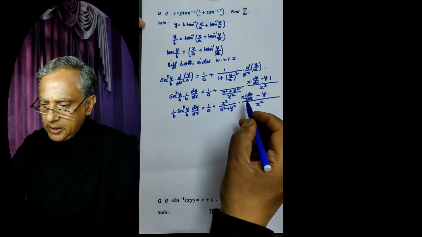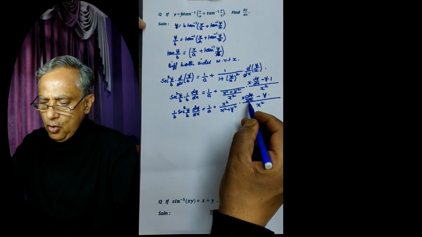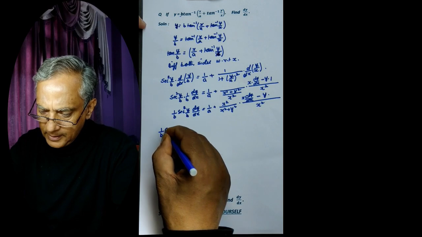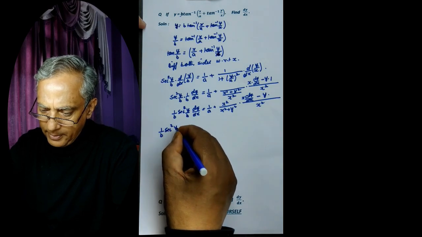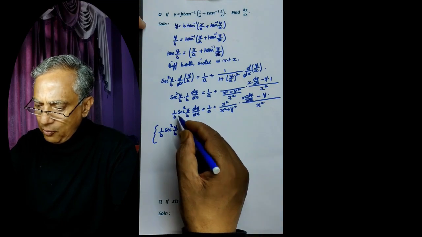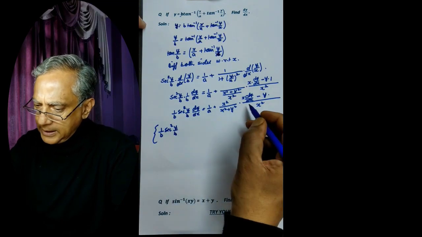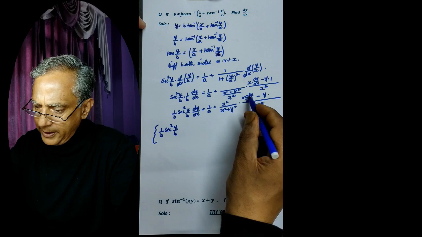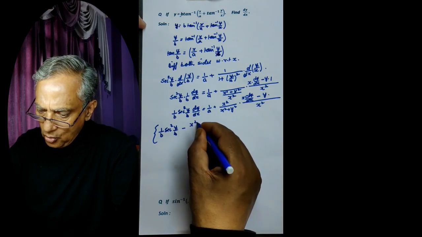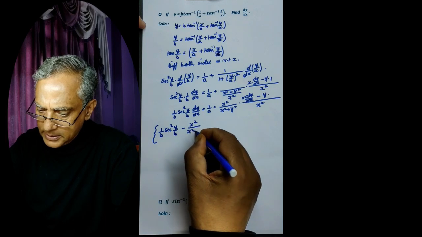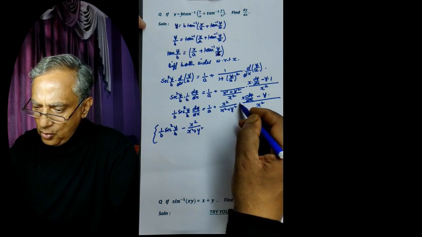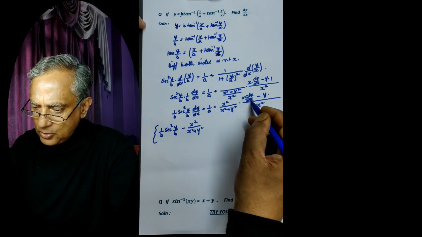Now take terms involving dy by dx to one side. What we get is 1 by b secant square y by b. This is the term involving dy by dx, and on this side the term involving dy by dx is minus x square over x square plus y square into x dy by dx over x square.